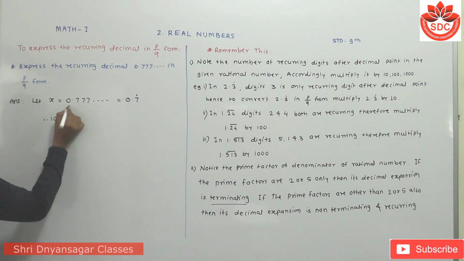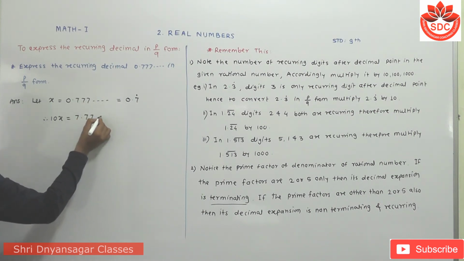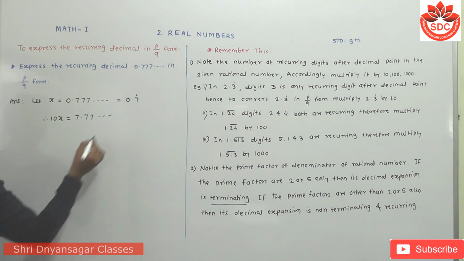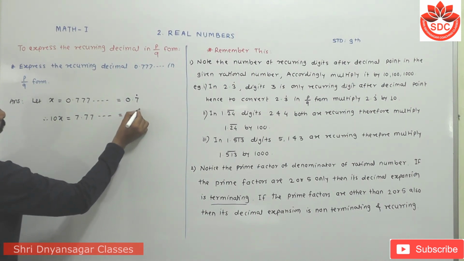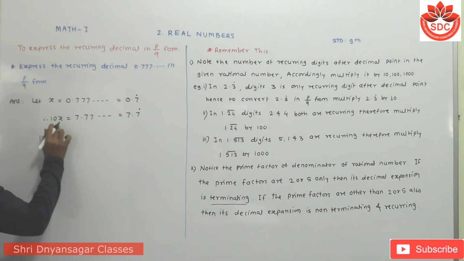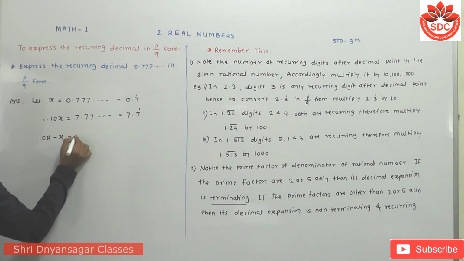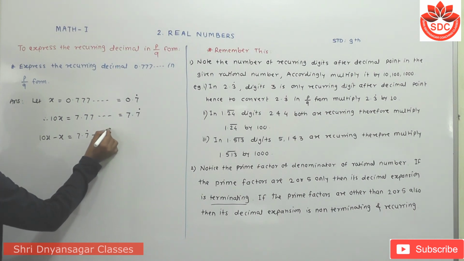When we multiply this number by 10, 1 digit moves to the other side, giving 7.777..., which we write as 7.7 bar. Then subtract: 10x minus x equals 7.7 bar minus 0.7 bar.